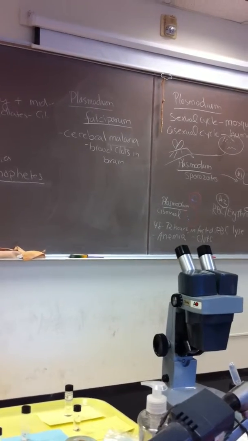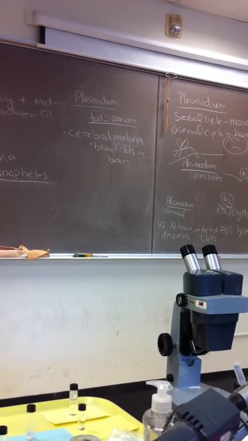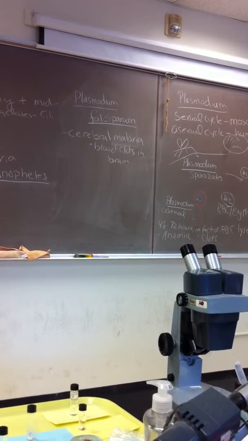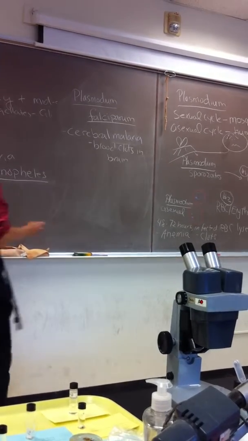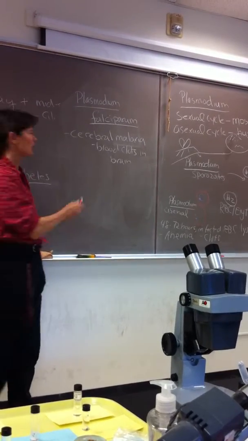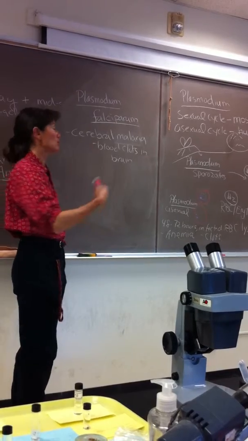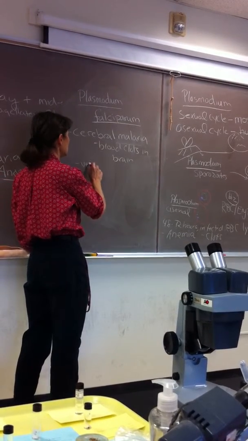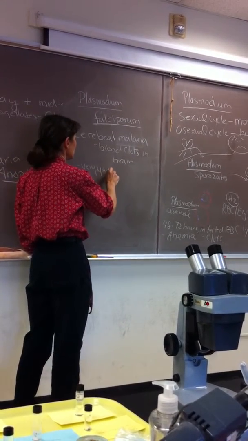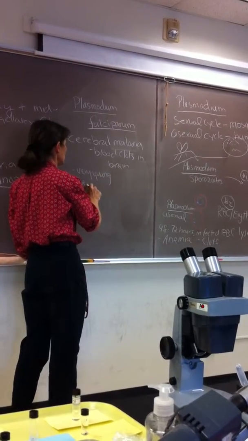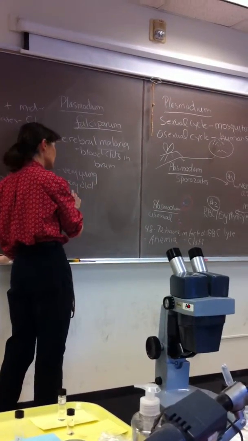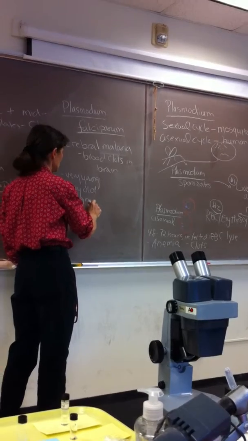Okay, so we have anemia, we have clots that can form, we can have cerebral malaria, so we can die, obviously. Now, the groups that are most hard hit, and you're going to see the same high-risk groups over and over again, right? The very young, so children under 5 are at high risk. The very old, pregnant women get hit really hard.